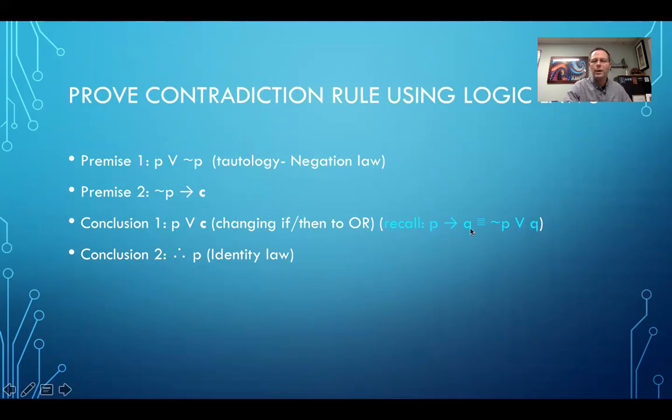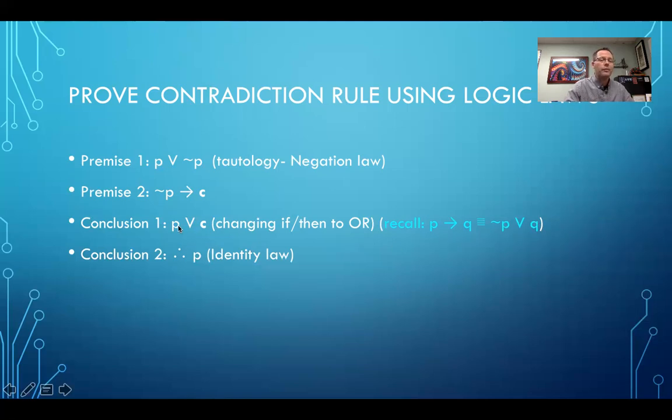Because if P implies Q, I can say not P is true or Q. So I can change this into an or. So I can say P or not P, but not P goes to a contradiction. So I'm changing this to an or statement using this logical equivalency.